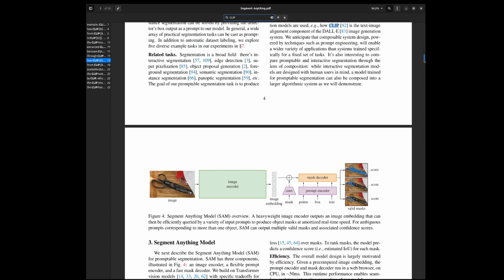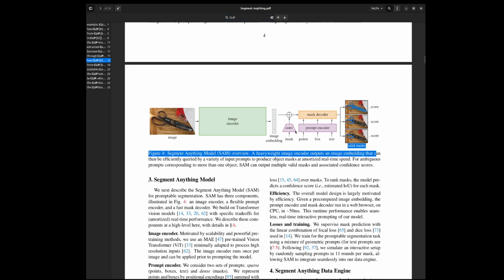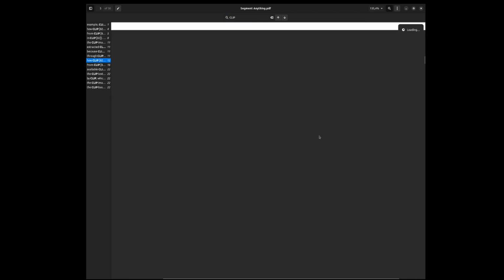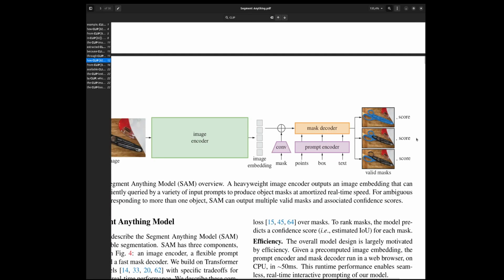Because for me, trying to fine tune on your data set makes no sense. The value that you have is that it is trained on such a large data set that it generalizes super well. Why would you train that on your own data set?